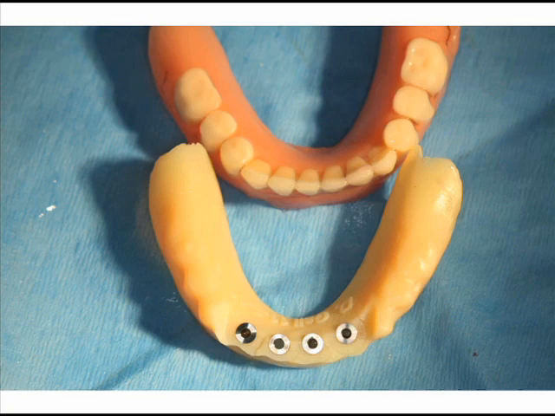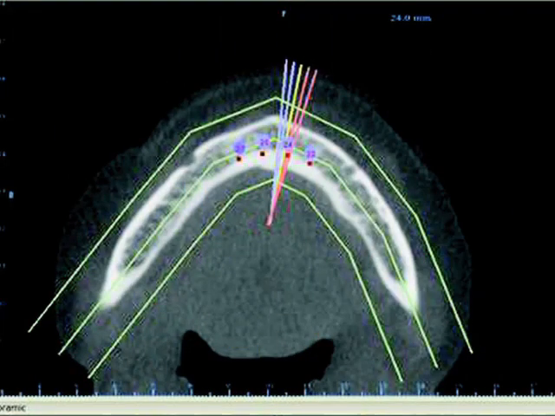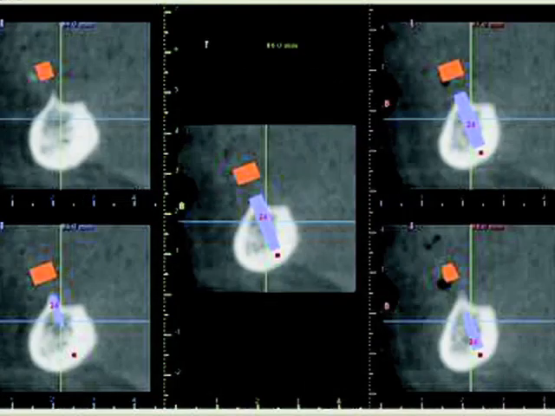In our situation here, we decided to place 4 3-millimeter implants in the symphysis area. The CT demonstrates that the implants were angled slightly to the labial to maximize the length, thus establishing bicortical stabilization and locating the O-ball head of the implants under the anterior teeth of the denture, which will be demonstrated as we move a little further.